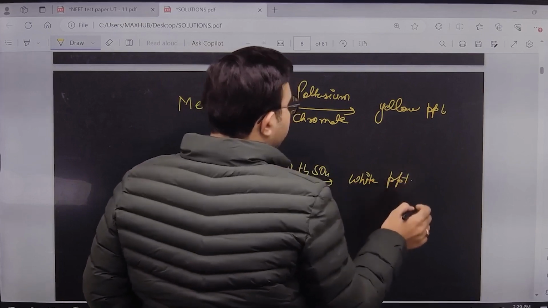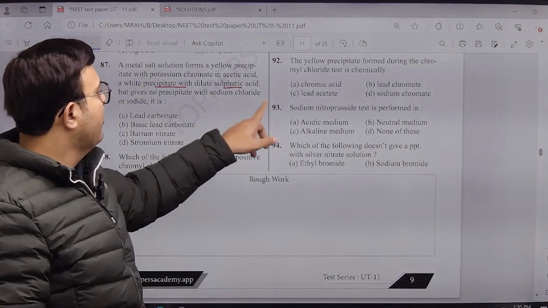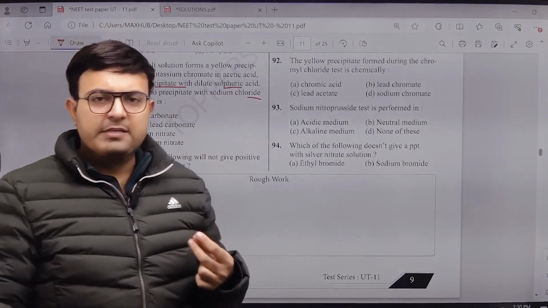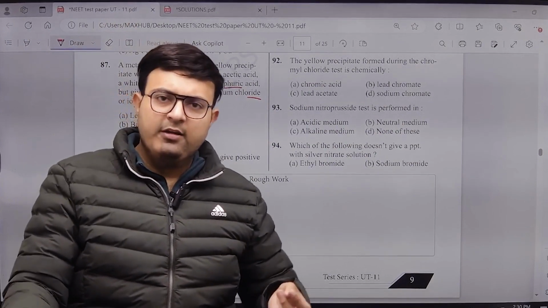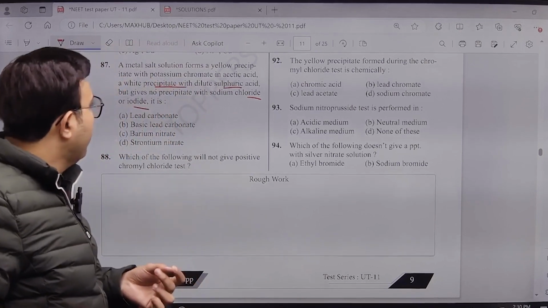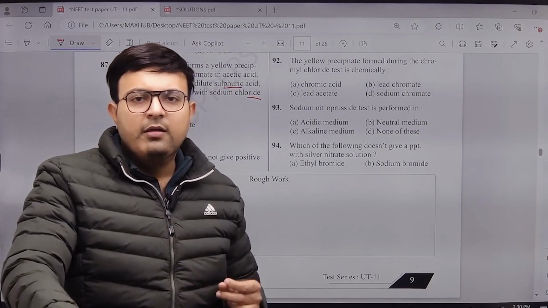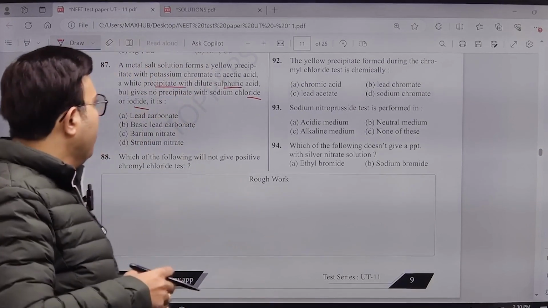Okay, so what you have to see is that they are giving no precipitate with chloride or iodide. So you have to check that metal which gives precipitate as its chromate and as its sulfate, but its chloride and iodides are soluble. Chlorides and iodides are soluble, but its sulfate and chromate are insoluble.